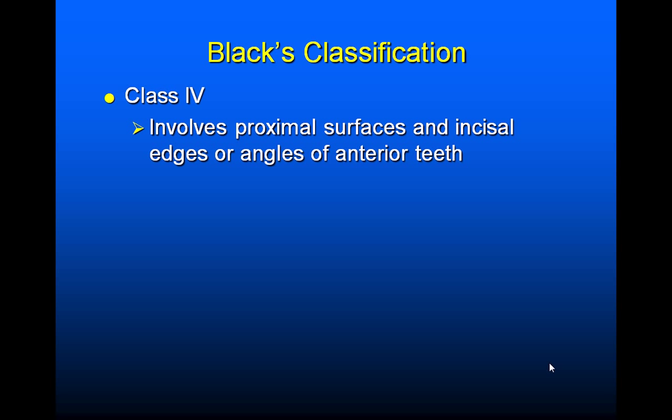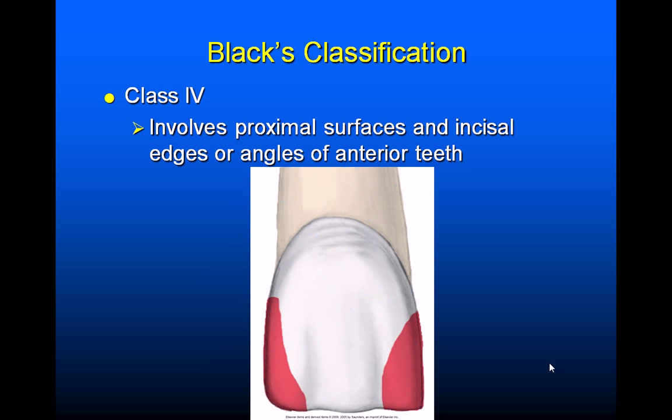Class 4 involves proximal surfaces and the incisal edges or angles of anterior teeth. So just like class 3, class 4 is only found on anterior teeth. It involves the proximal surfaces, but with class 4 we also include the incisal edges or angles of the teeth.